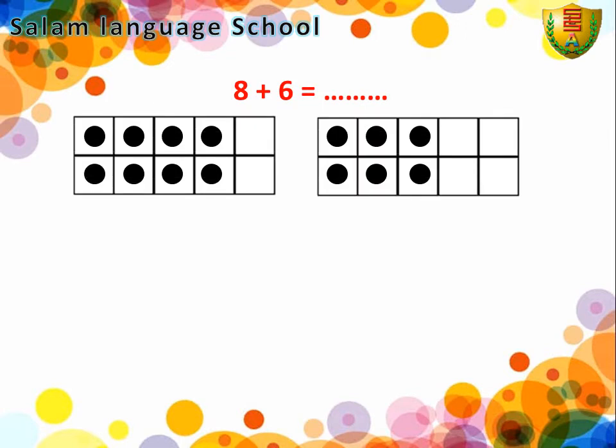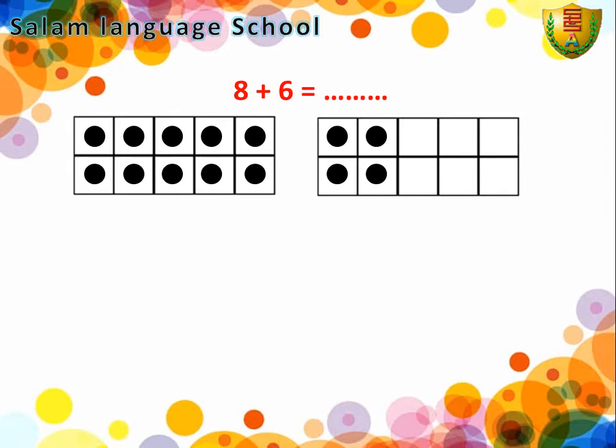Look at the 10 frame. The first one has 8 circles and the second one has 6 circles. Let's make the first one become 10. We take 2 dots from the second 10 frame and move them to the first 10 frame to become 10 dots.